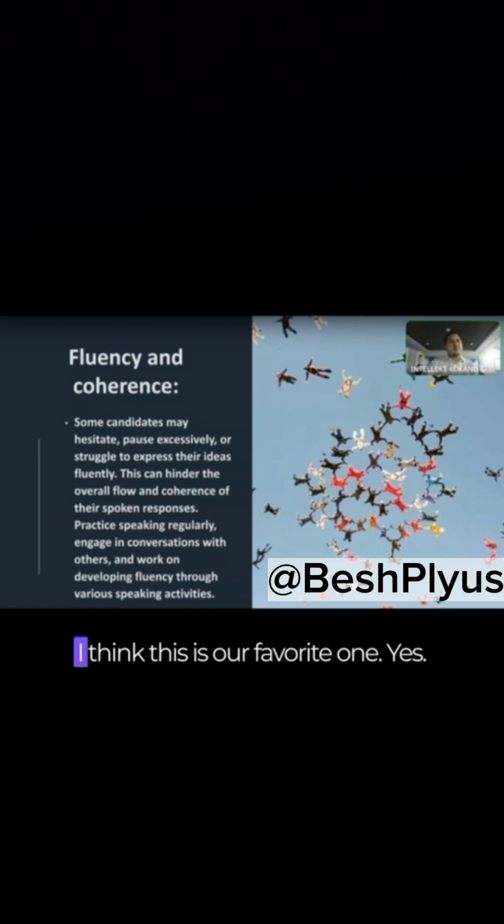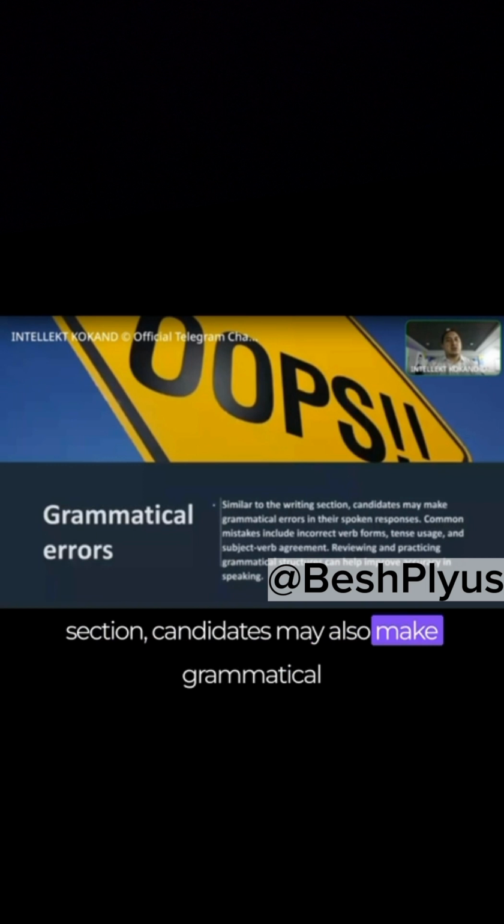I think this is our favorite one, yes, grammatical mistakes. Similar to the writing section, candidates may also make grammatical errors in their spoken responses. Common mistakes include incorrect verb forms, tense usage, and subject-verb agreement. Reviewing those mistakes and practicing how to use those grammatical structures correctly can help you improve your accuracy in speaking.